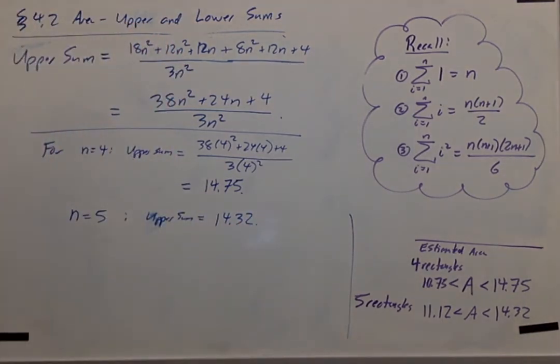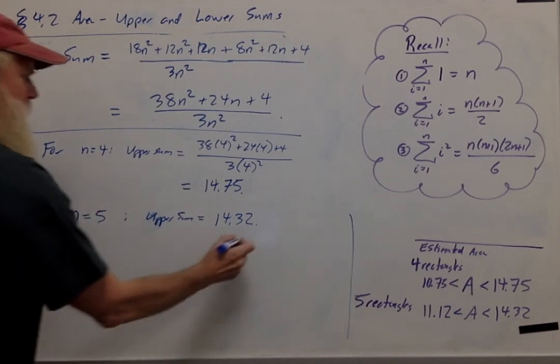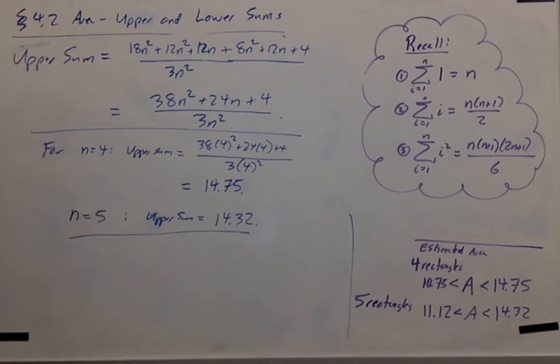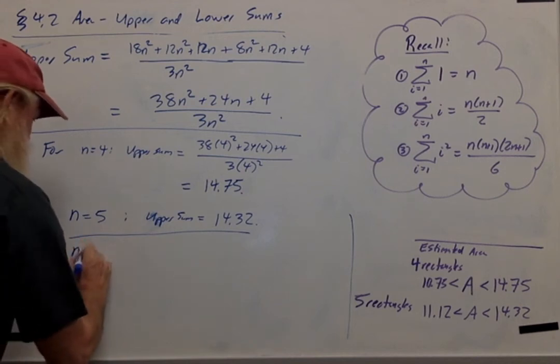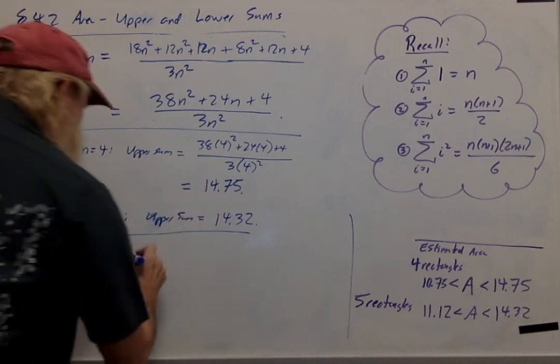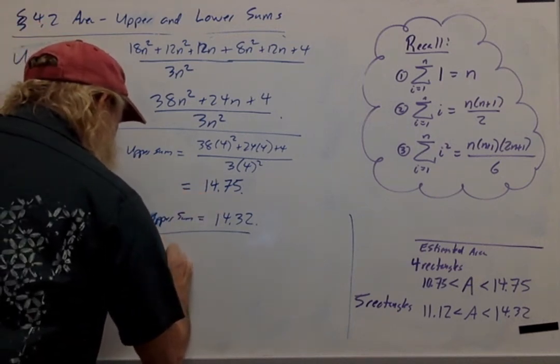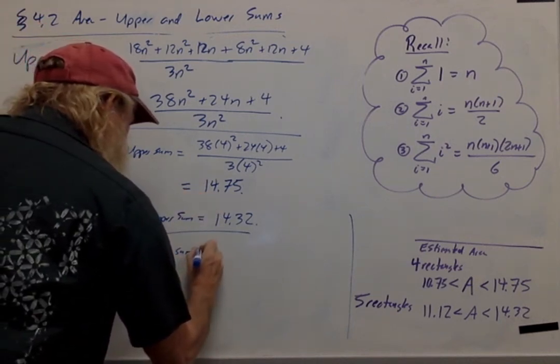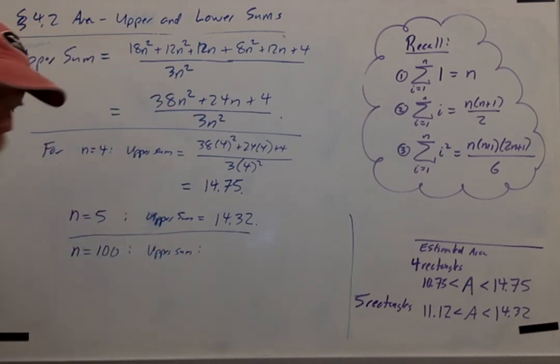Now, we put a lot of algebra, or algebraic investment, into getting this formula. But notice now that if we wanted to use a big number, for example, n equals 100 rectangles, we don't have to go through all the sums separately and make the tables. We can just plug in to this formula. We'll get an upper sum, if my calculation is right, of 12.75.